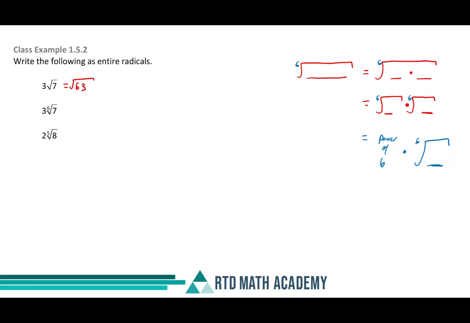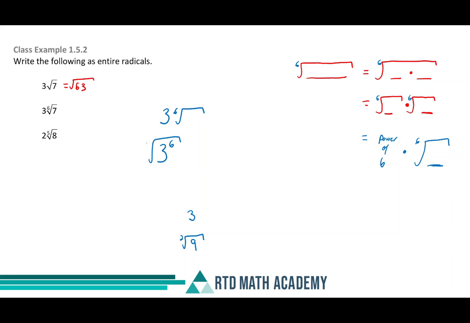So very similar to our 3 root 7. From 3 to the square root of something, I knew it was going to be 3 squared because I'm looking for this square root. We can do the same thing with this number 3, but this time, instead, we're not looking for a square root, we're taking a 6th root, so we're actually going to take 3 to the power of 6.